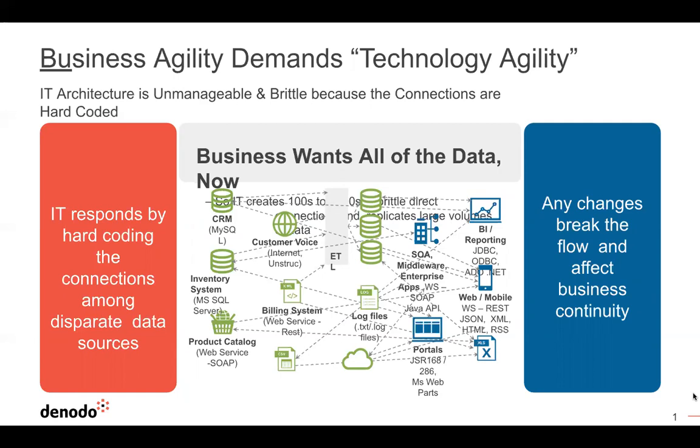IT is responding by hard coding the connections among disparate data sources, and these hard coded connections are unmanageable and not scalable. Every time there is a new data source, IT needs to connect to it, collect the data, and make it accessible to the business. In all these processes, business continuity can get affected.